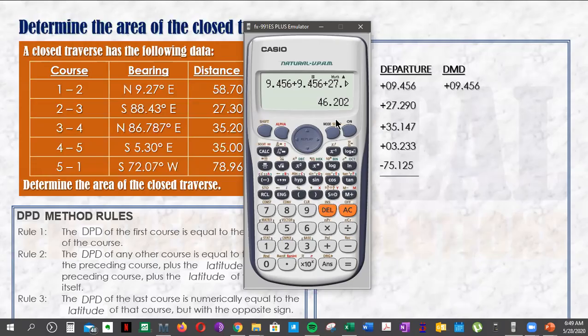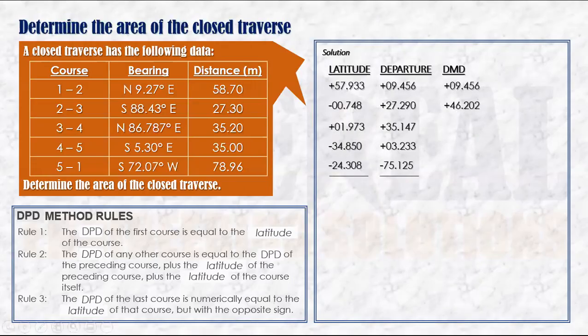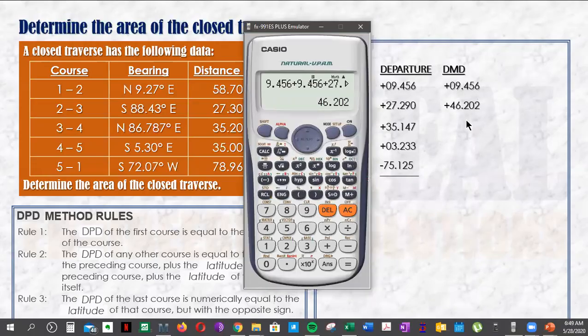So that is 46.202. And the DMD of the third course is this answer plus 27.29 plus this 35.147.